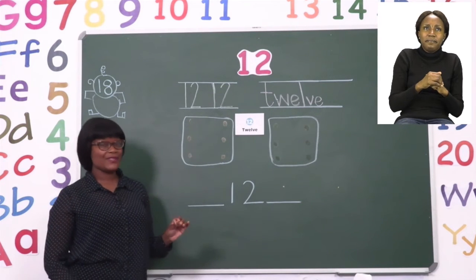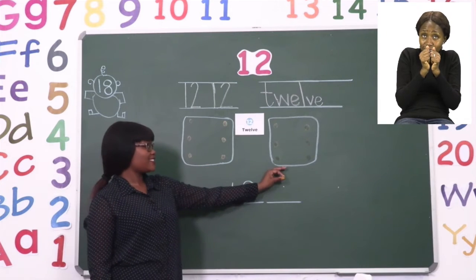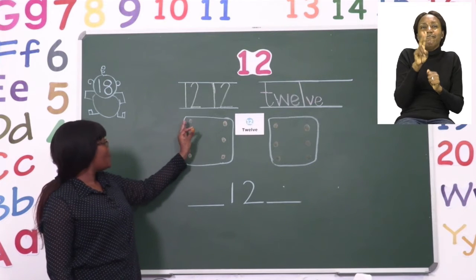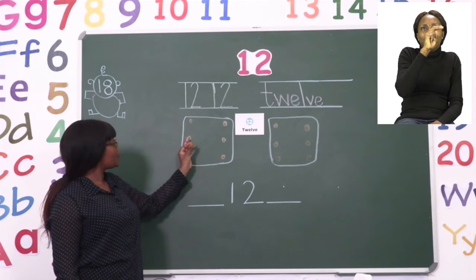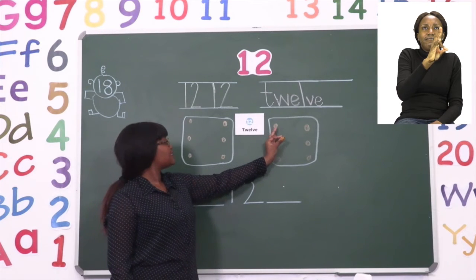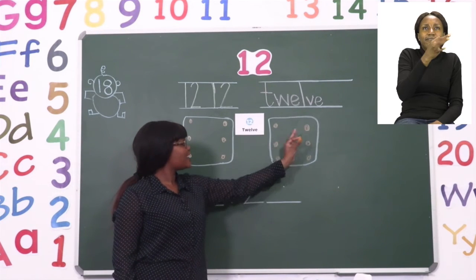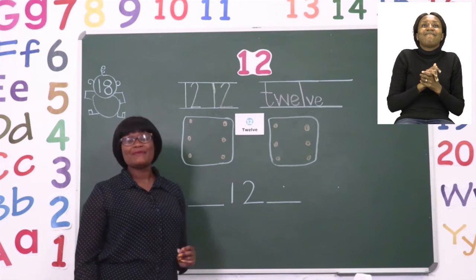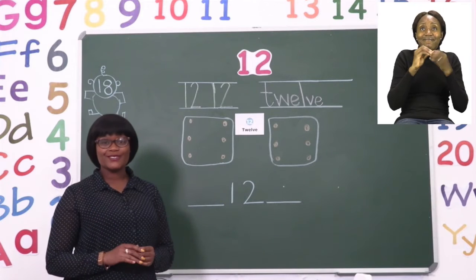If you count all of them together, 6 and 6, we should get our 12. So let's count. 1, 2, 3, 4, 5, 6. Count on. 7, 8, 9, 10, 11, 12. So we managed to draw 12 dots.